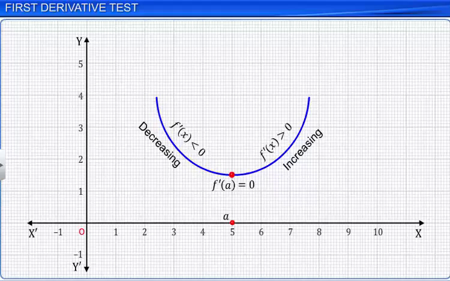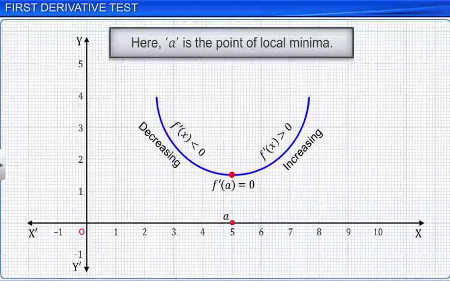Similarly, the derivative of f is positive at every point sufficiently close to and to the right of a. That is, the derivative of f changes its sign from negative to positive when x increases through a. In such situations, point a is known as the point of local minima.